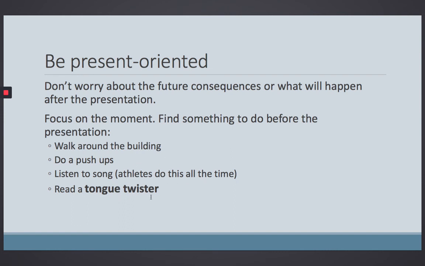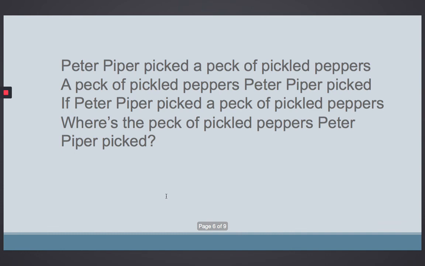Read a tongue twister. This is very good. It helps to make you deliver words correctly. Practice tongue twisters. So I have many examples of tongue twisters here. You can practice them. I'm not very good at it.